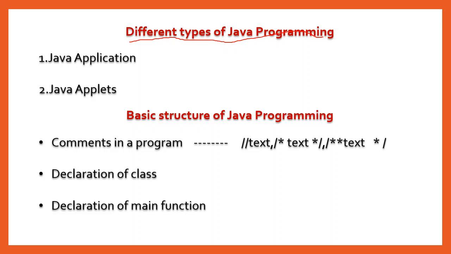By using this language, what can we develop? We can develop web pages. When you browse the internet, you will be seeing many kinds of pages. Those pages are called web pages. How were they developed? They are developed by using HTML as well as JavaScript.